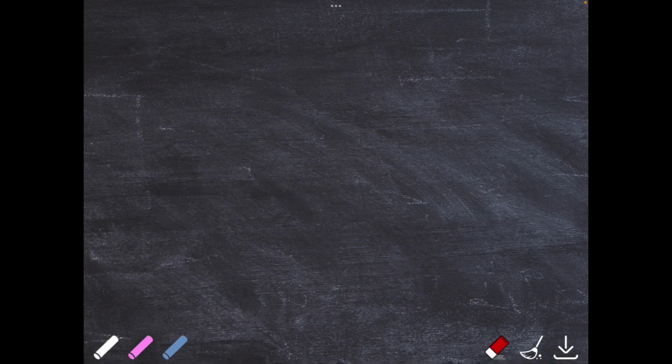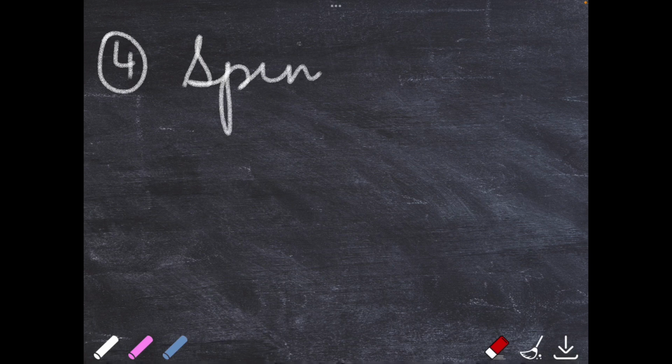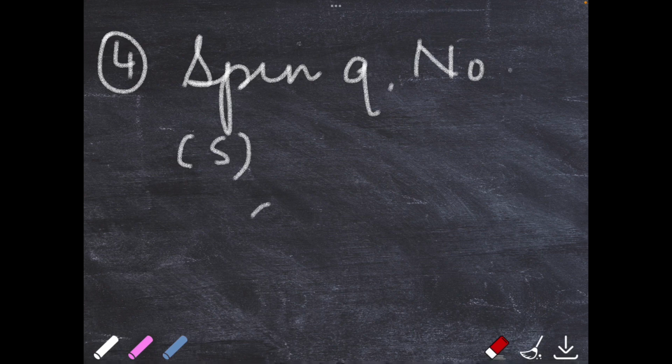Now we come to the next quantum number, and that is the spin quantum number, designated by small s. Now, an electron can revolve around the nucleus in 2 ways.